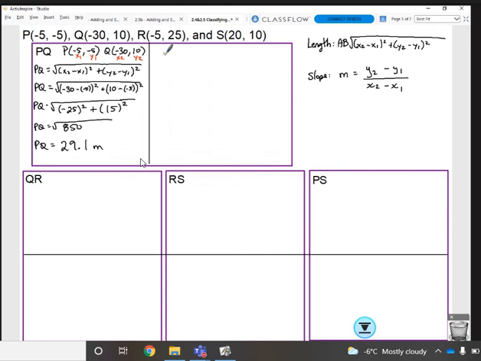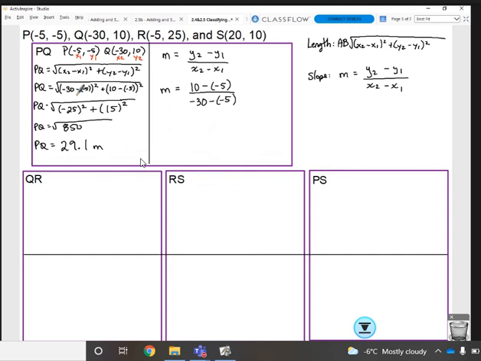Now, slope. M equals y2 minus y1 over x2 minus x1. So we'll do 10 minus -5 over -30 minus -5. And I did that pretty quickly because I was very careful over here.